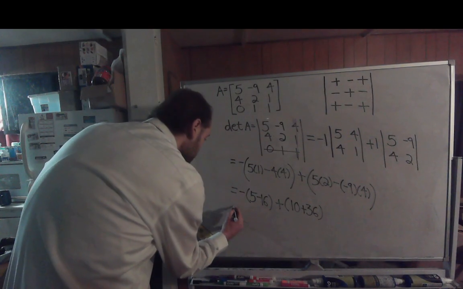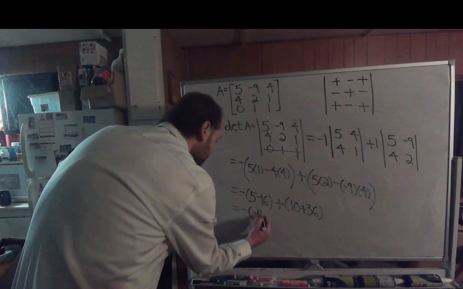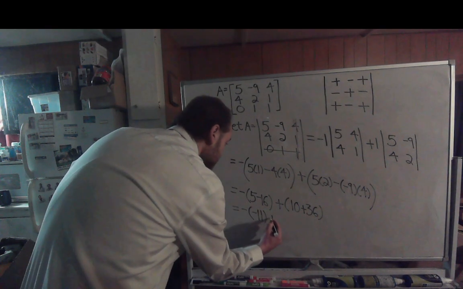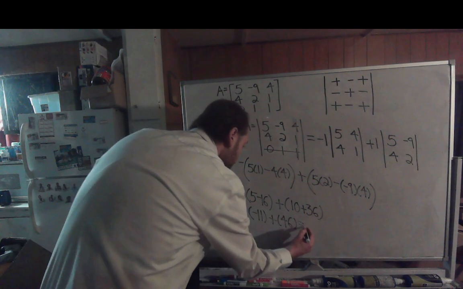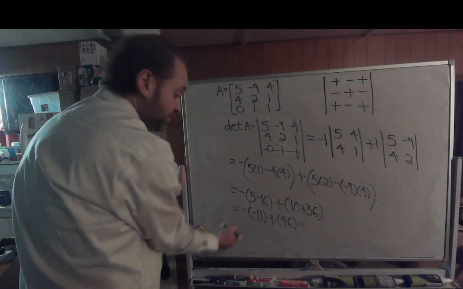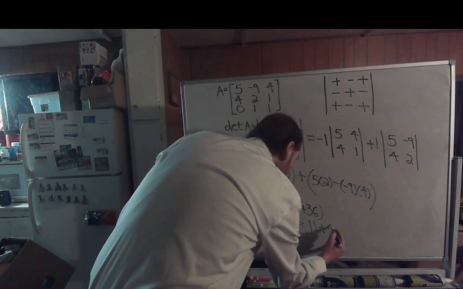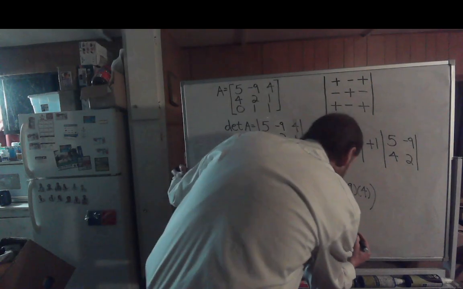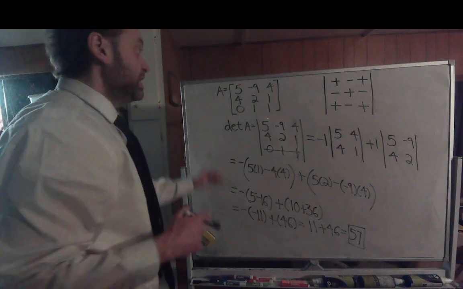So 10 plus 36, which is 46, and the negative of 5 minus 16, which is negative 11, ends up giving positive 11. So you'd have 11 plus 46, which would give you a determinant value of 57. So the determinant of this particular matrix is going to be 57.